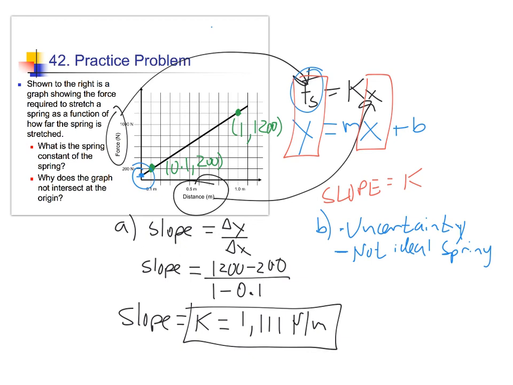So even though Hooke's law tells us that when the distance stretched is 0, the force should be 0, in reality this could be a spring that does not perfectly obey Hooke's law. There are probably some other reasons we could come up with here, but I think those are the two most likely reasons why it doesn't perfectly intersect 0, 0.